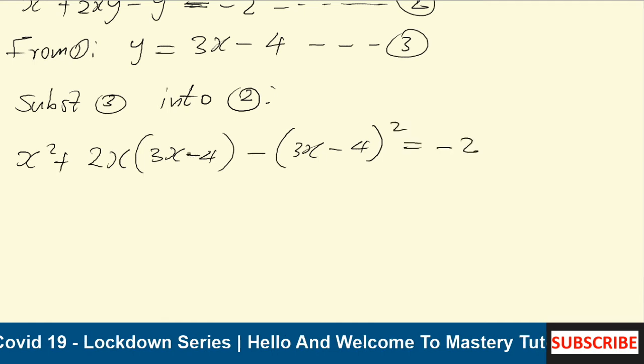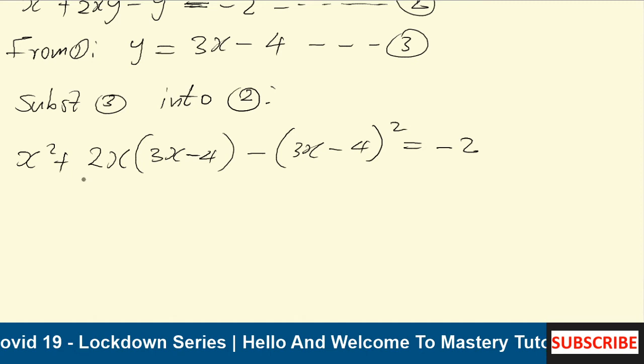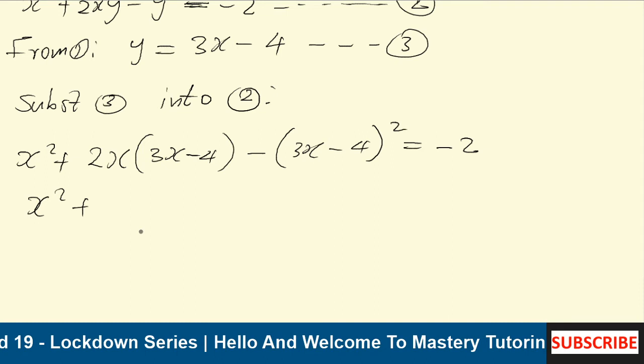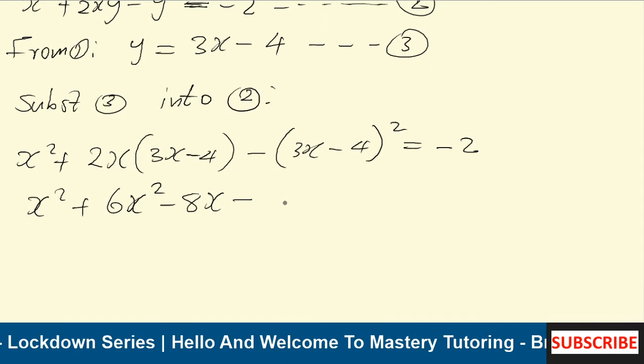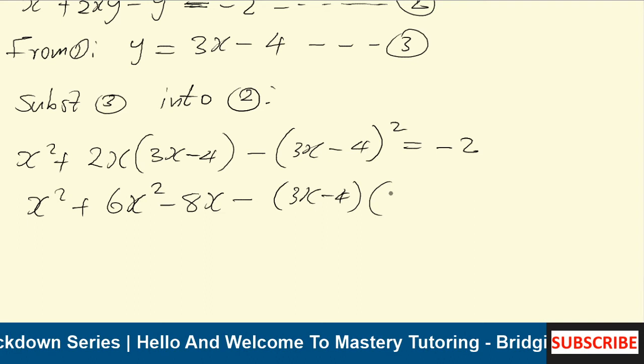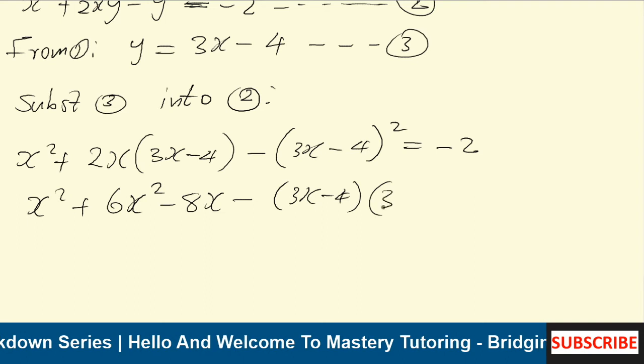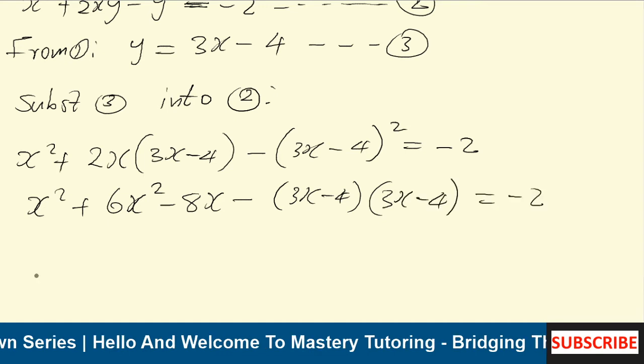I'm going to simplify this further. Let me repeat these brackets because it's squared. This 2 gives me 7x squared.